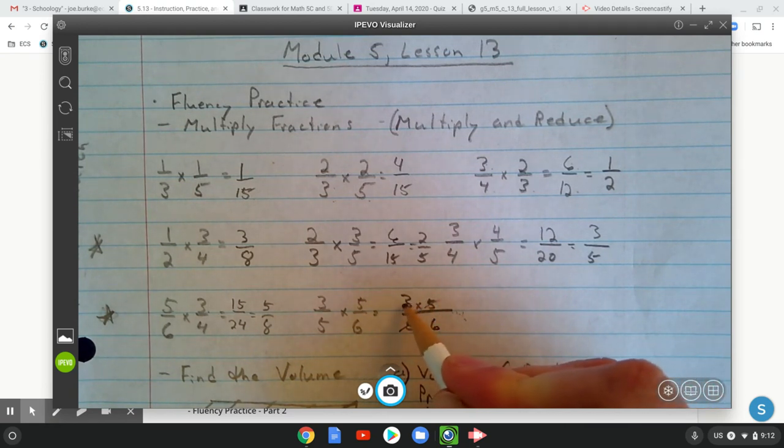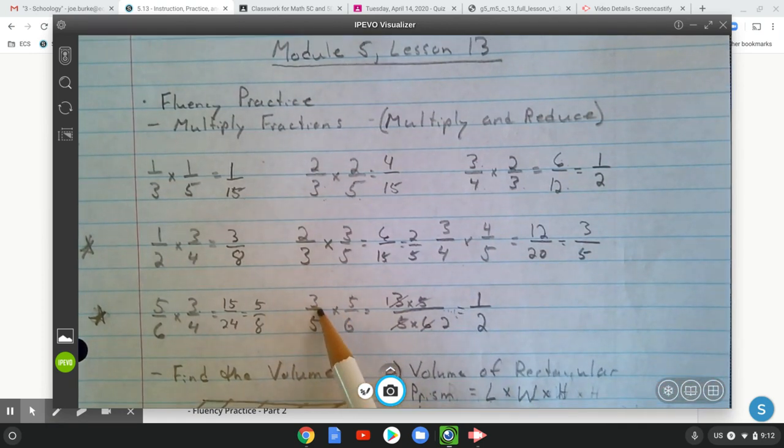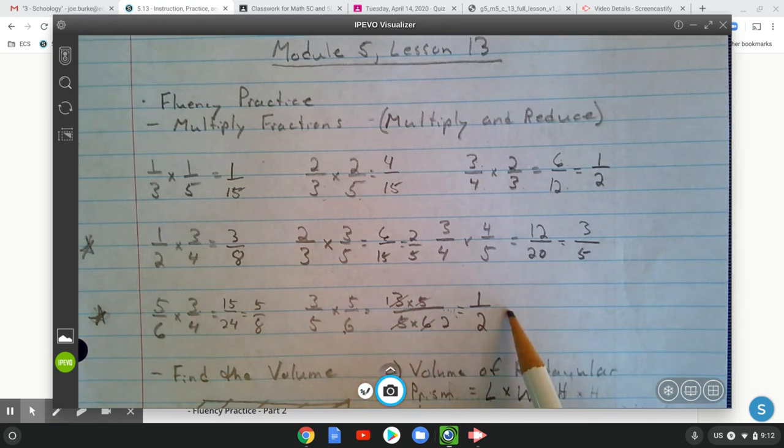Then 3 and 6: 3 divided by 3 is 1, 6 divided by 3 is 2. So this is going to be 1/2. And where I was headed before: 3 times 5 is 15, 5 times 6 is 30, and 15 over 30 is going to be 1/2.